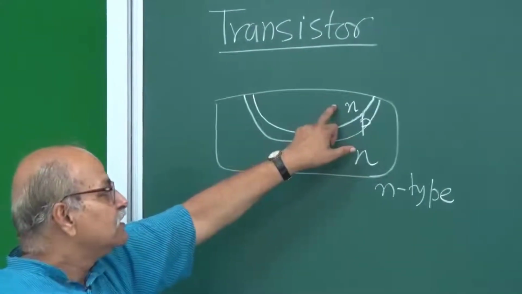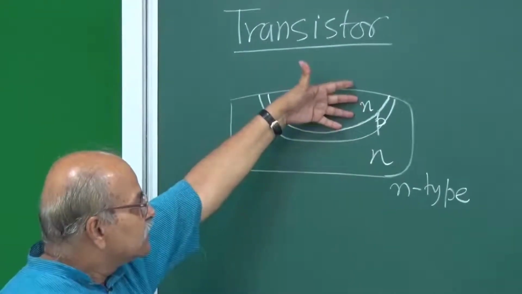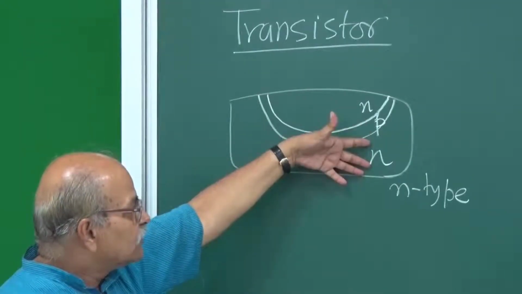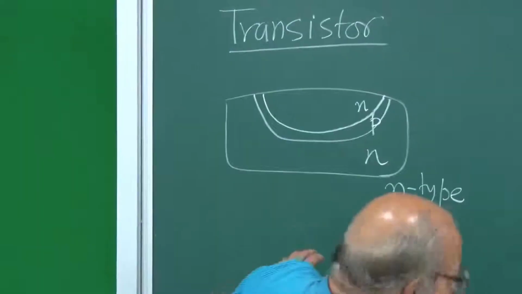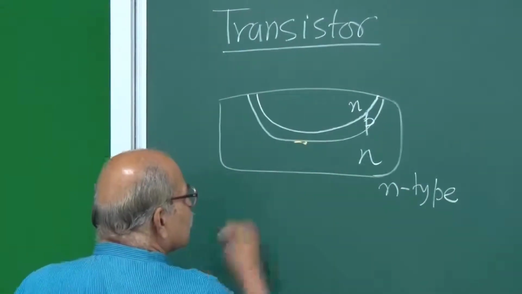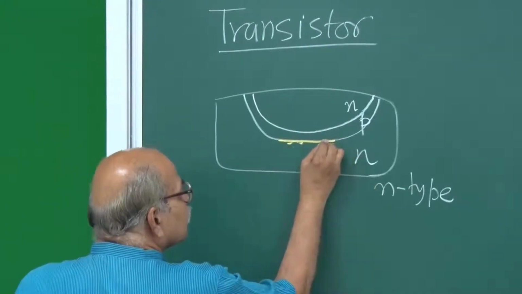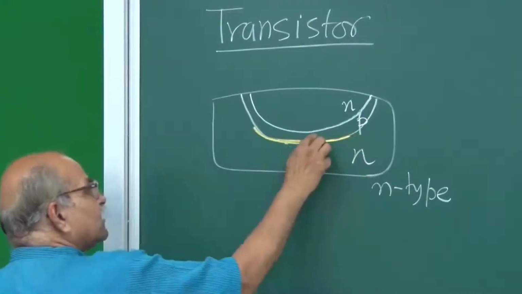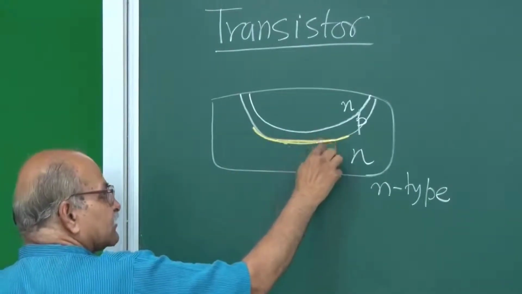So now I have three kinds of impurity distributions: donor impurities here, acceptor impurities here, and again donor impurities here. And here are two junctions. This is one junction, with p-type on one side and n-type on the other side, so you have a p-n junction.